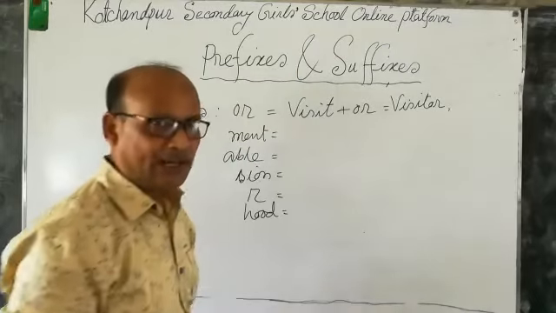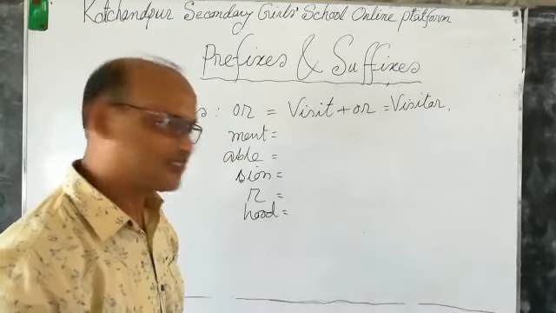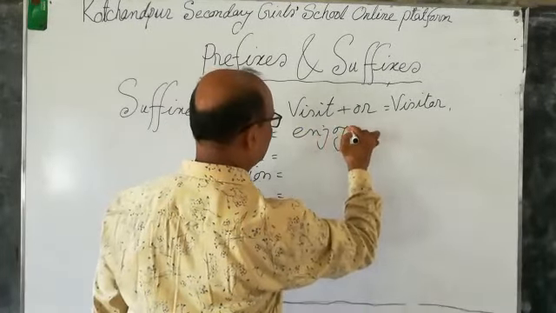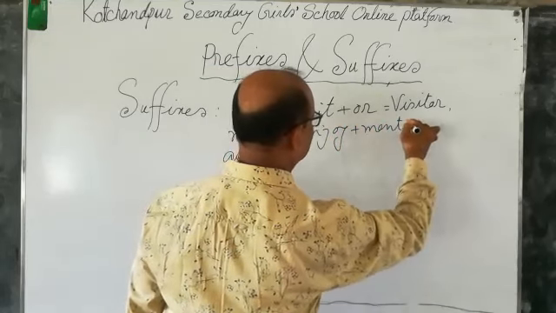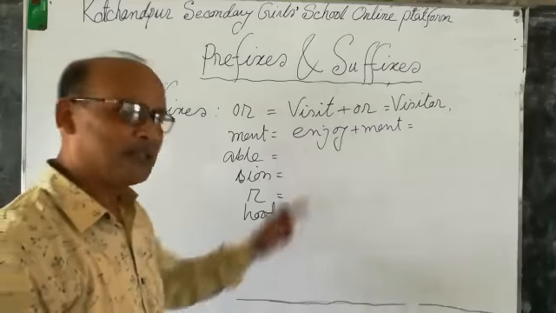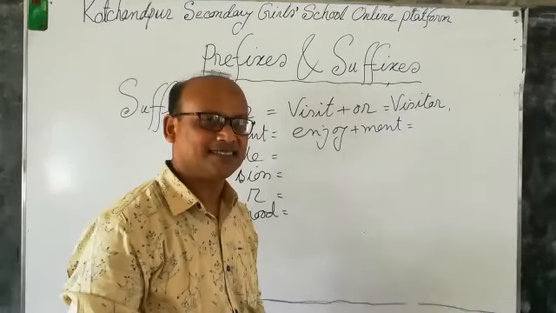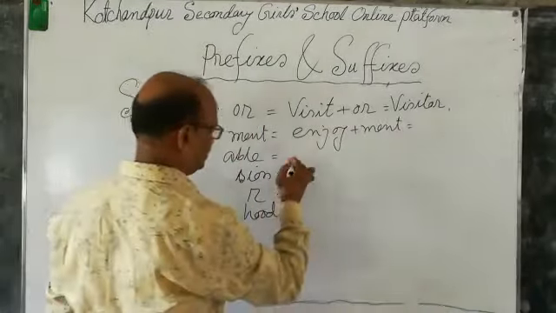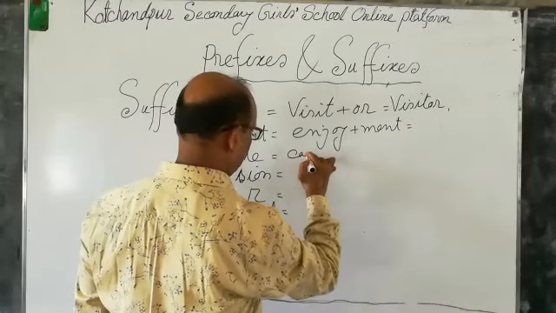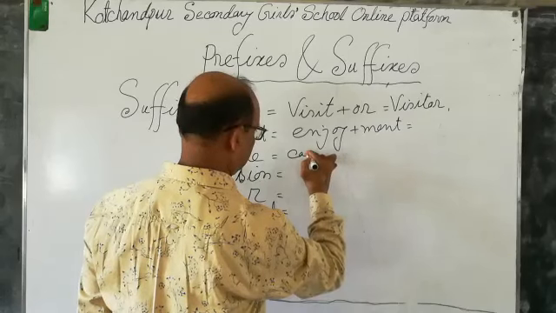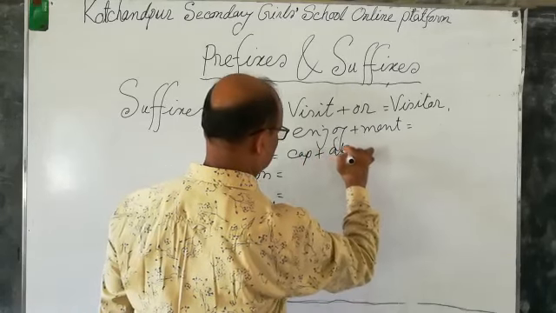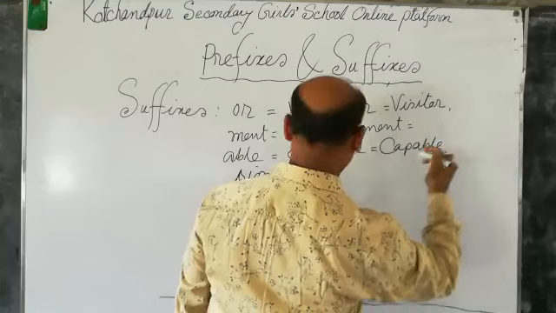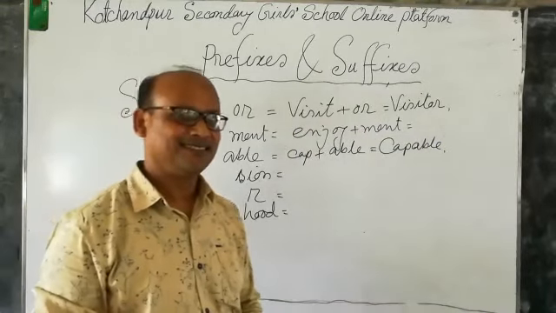Visitor, calculate with or, calculator, etc. Ment, enjoyment, merriment, amusement, a lot of words with ment. Able, capable. In this way, enjoyable. Okay?